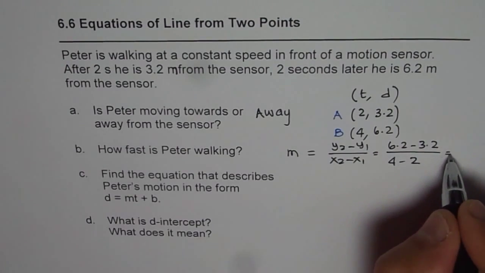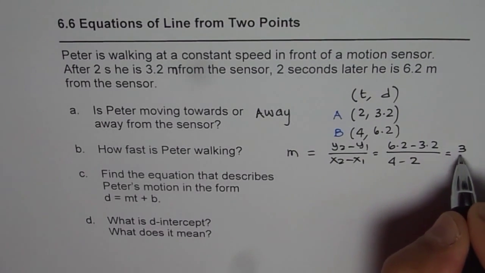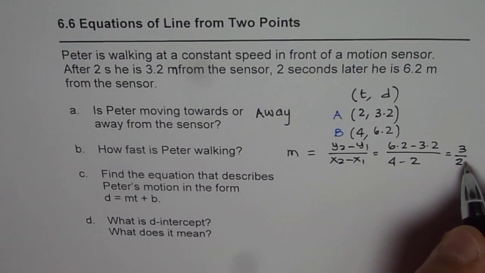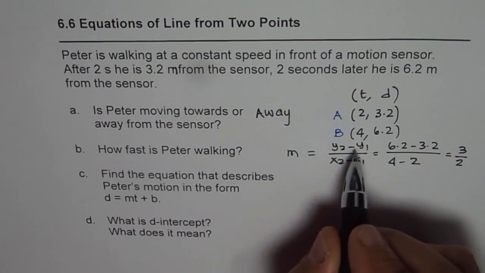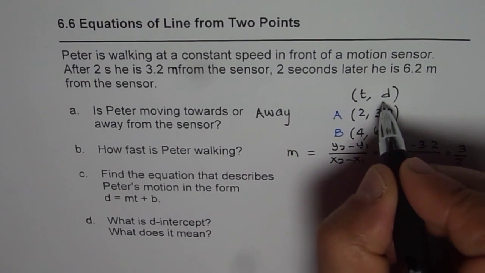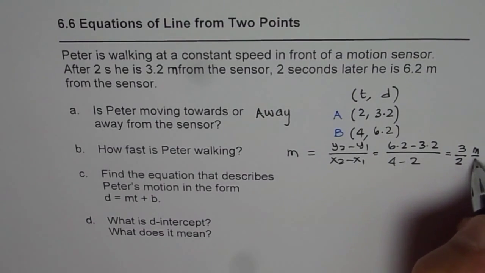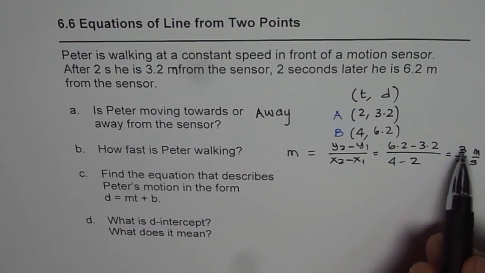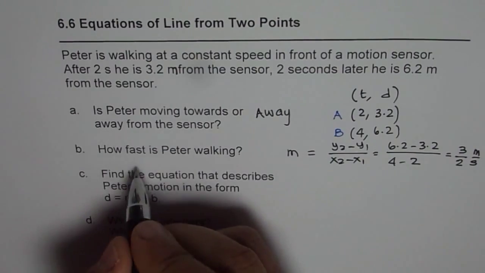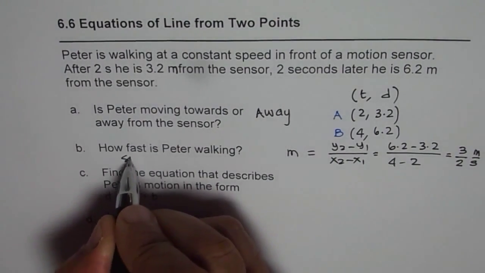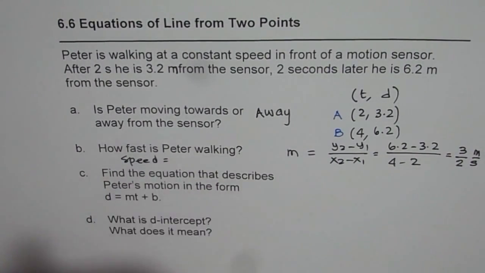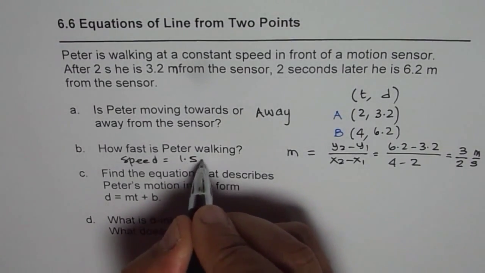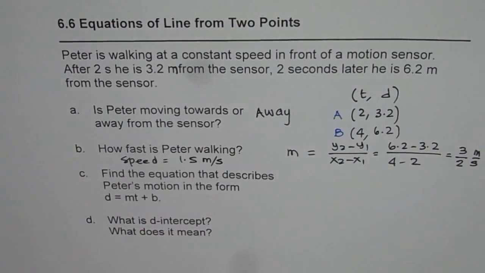So 6.2 minus 3.2 is 3, divided by 2, and the units are meters for y and seconds for x. So it is meters per second, correct? So it is 3 over 2 meters per second, or we can say that the speed is equal to 1.5 meters per second, okay?